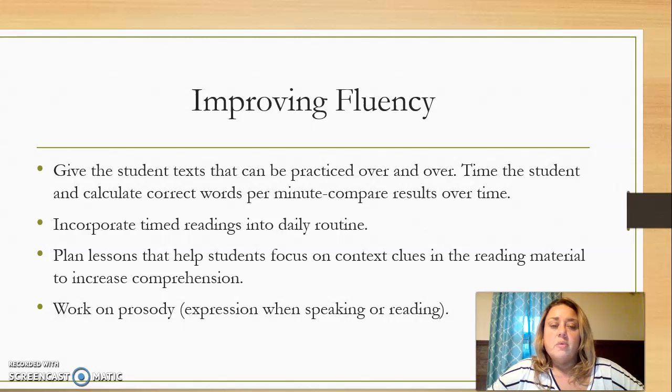You can incorporate timed readings in your daily classroom routine. You can plan lessons that will help students focus on context clues in the reading material. That way they can increase comprehension. You can do this by discussing the plot, characters, timeline of events, and really making sure the students are understanding what is being read to them or what they are reading themselves.